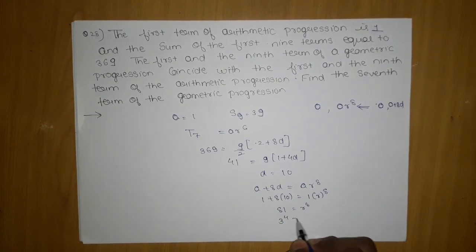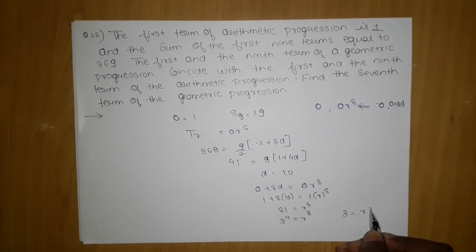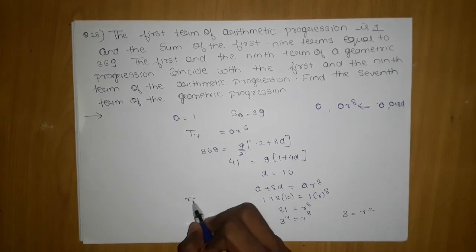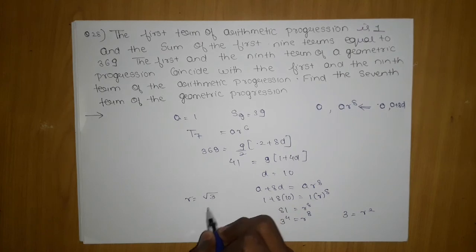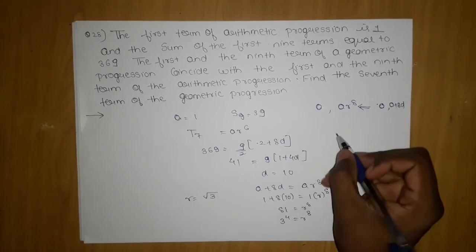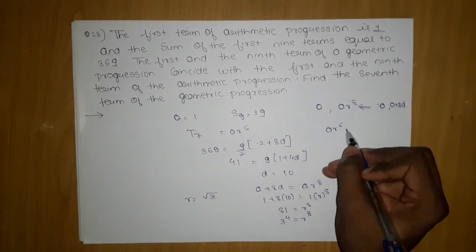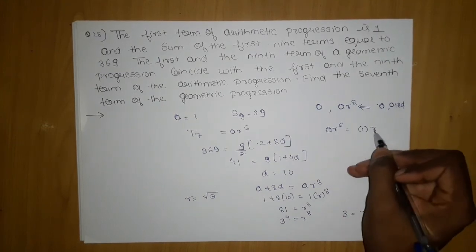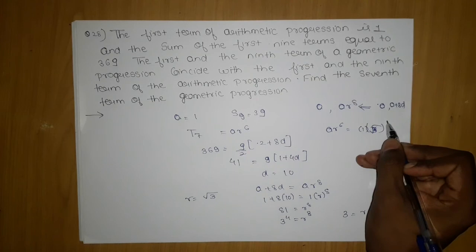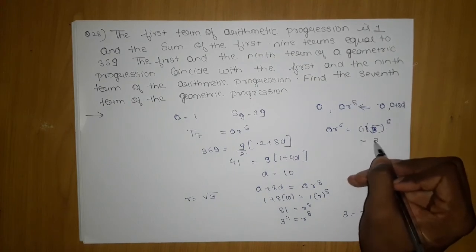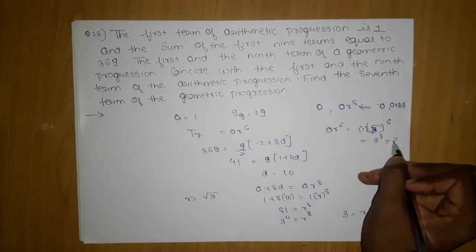We know 3 power 4 is equal to 81. So here we can get 3 equals r square, giving me r equals under root 3. Now what we need is a r power 6, which is nothing but 1 into under root 3 power 6, which will give me 3 cube, which will be nothing but 27.